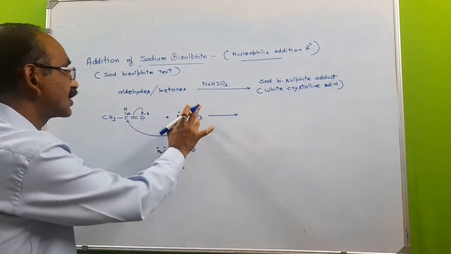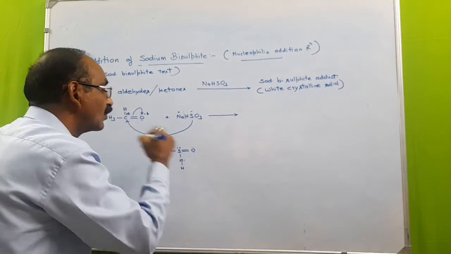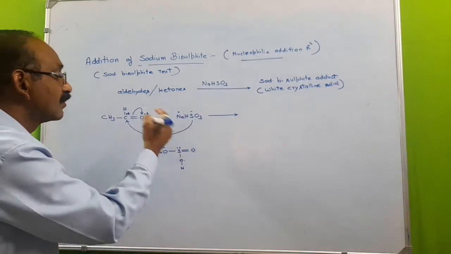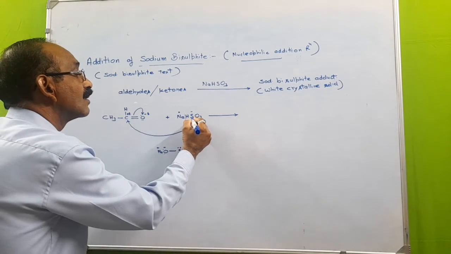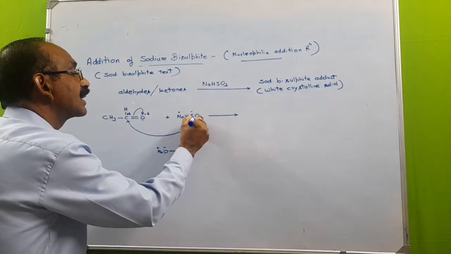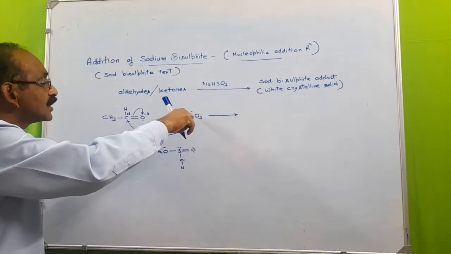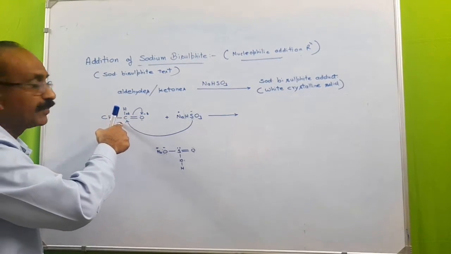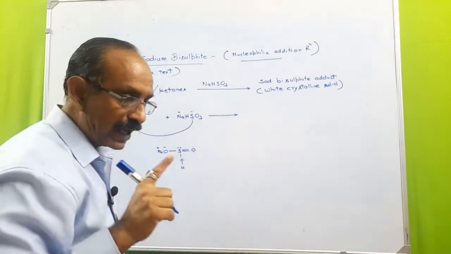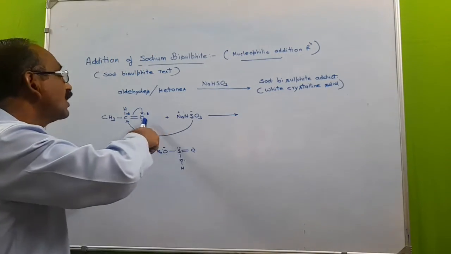This is the structure of NaHSO3, and here sulfur has a lone pair. So making use of the lone pair of the sulfur, this SO3H attacks first the carbonyl carbon, because the carbonyl carbon is the more reactive center in comparison to the oxygen.